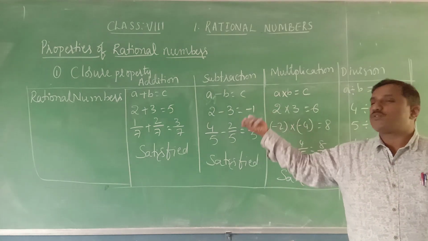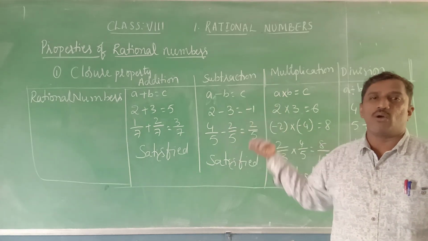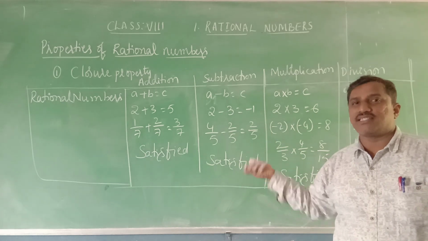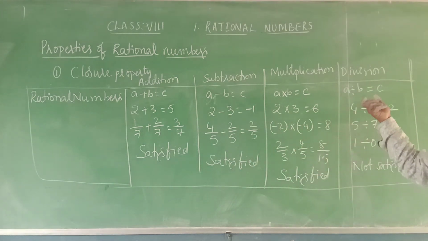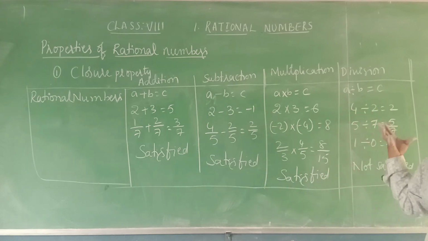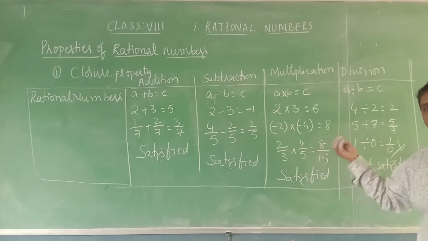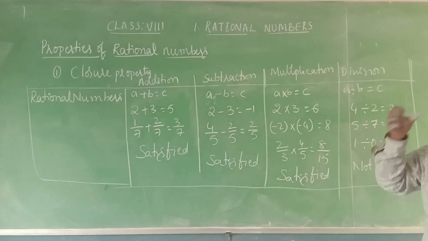Subtraction: the difference of two rational numbers is a rational number, of two whole numbers is a whole number, of two integers is an integer. Similarly, for multiplication, the product of two rational numbers is a rational number, of two whole numbers is a whole number, of two integers is an integer.